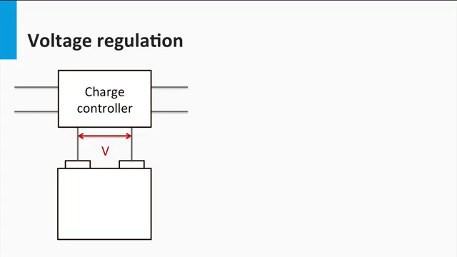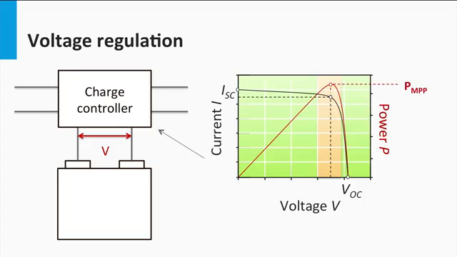Therefore, the charge controller needs to do an appropriate voltage regulation to ensure the battery operates in the specified voltage range while the PV array functions at maximum power point. This means that the modern charge controller can, and often does, integrate a maximum power point tracker within its design.